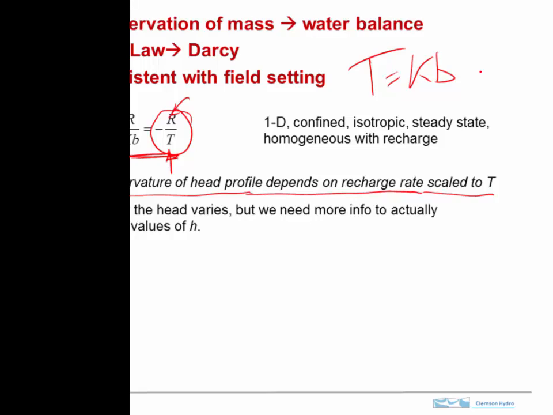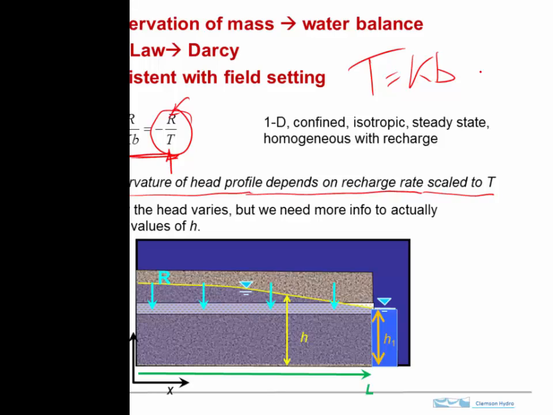Okay, so this is the governing equation. What it's telling us is kind of the rules that the head has to obey, but it doesn't really tell us what the head actually is. In order to do that, we need additional information, and for that, we go back to our problem.